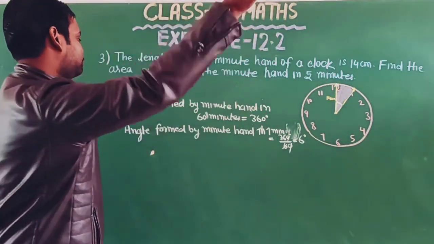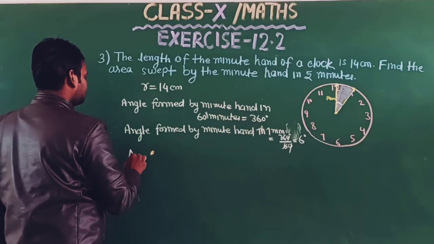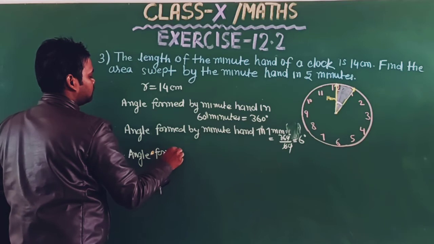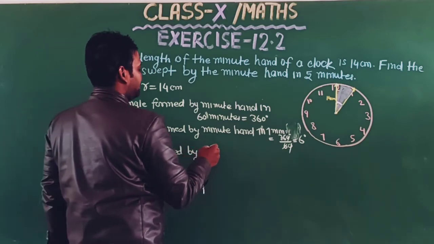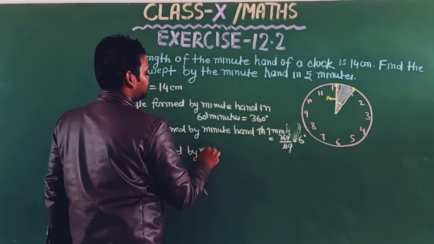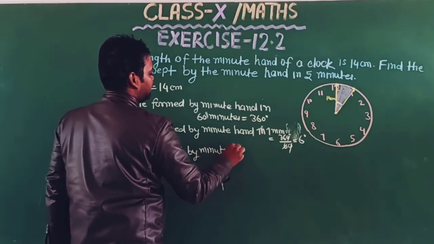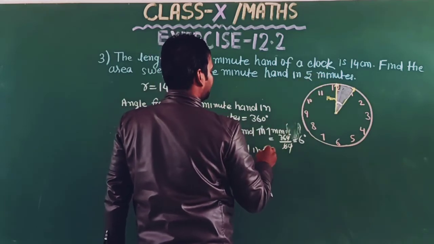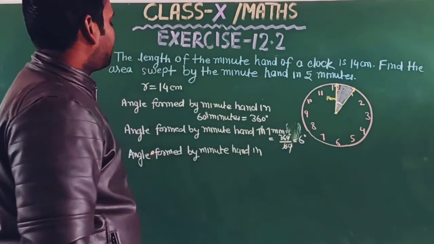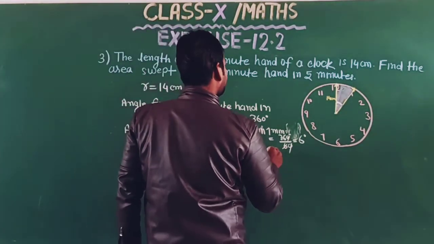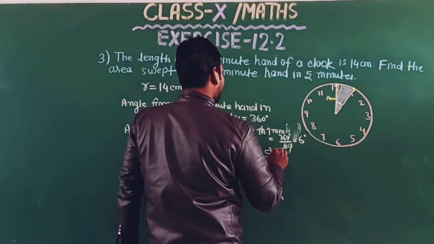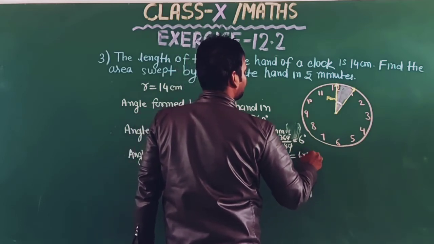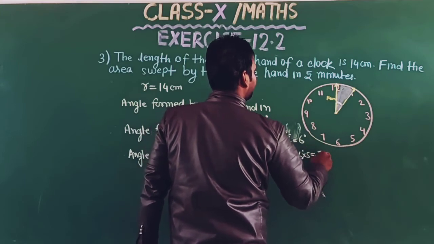So therefore the angle formed by the minute hand in 5 minutes is equal to 6 into 5, equal to 30 degree.